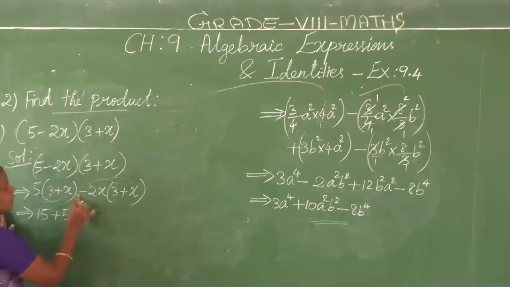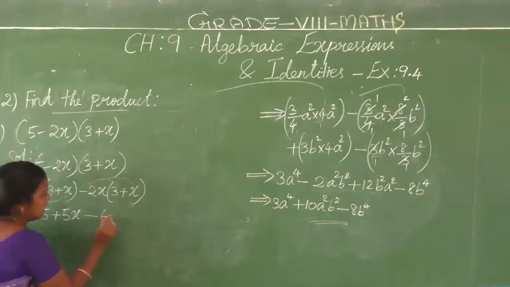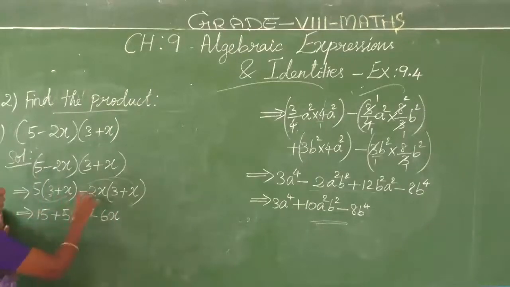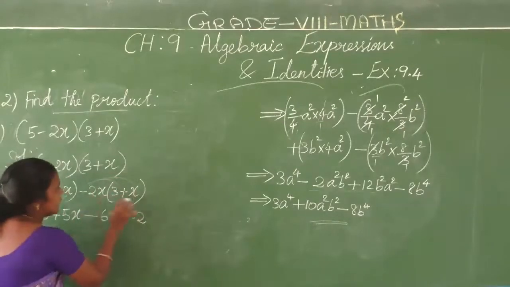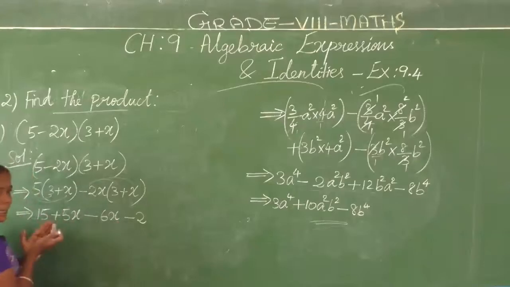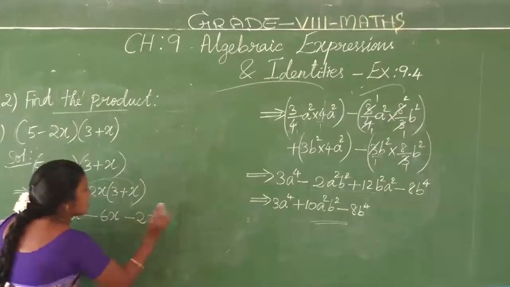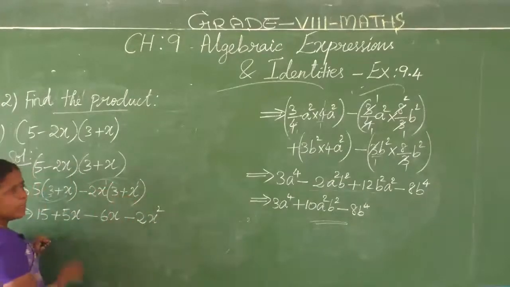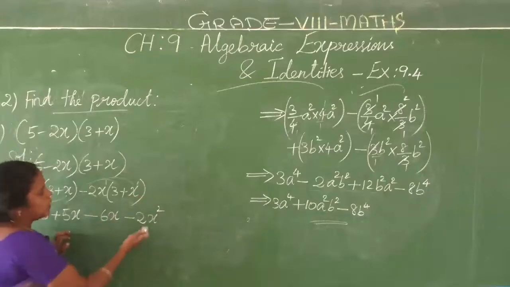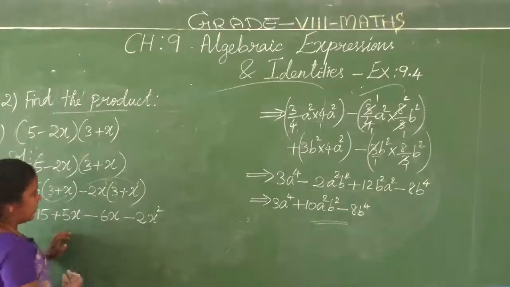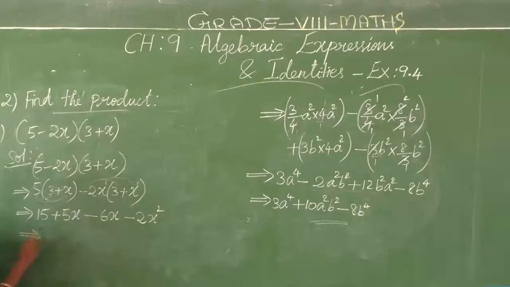Minus into plus, minus, 2 3s are 6 into x, 6x, minus into plus, minus 2 into x, like terms. So we can combine in the product section. How to combine them? By adding their powers. So x into x, x power 1, x power 1, nothing but x power 2. Simply how do you tell? x square.